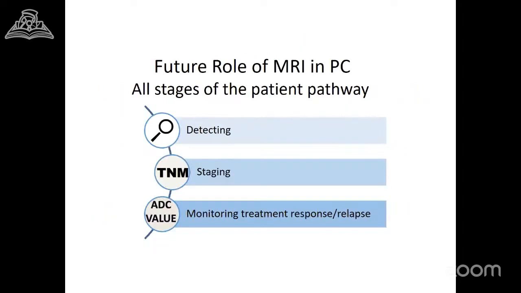In the future, MRI is expected to play a role through all the stages of the prostate cancer patient pathway. This begins with detecting clinically significant prostate cancer, especially through multi-parametric MRI technique. MRI also remains essential for accurate staging, helping determine the local extent of disease and guiding treatment decisions for the patient and for the doctor.